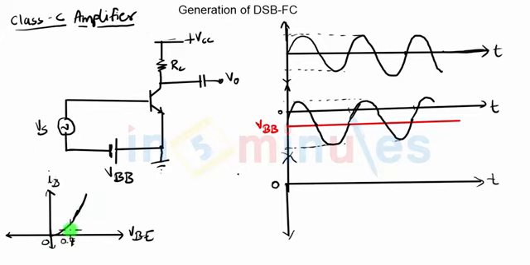There's a conduction taking place through the junction. If the voltage is below 0.7, then we say that the PN junction is reverse biased. It is not biased in forward mode, and hence the current that will be flowing through the junction will be zero. The forward current, to be precise, will be zero.